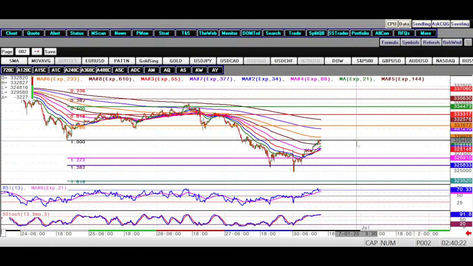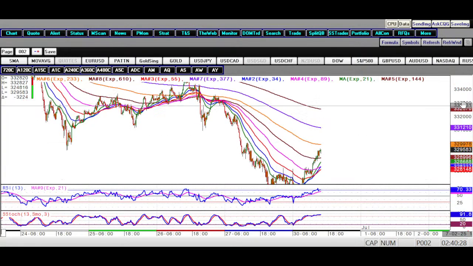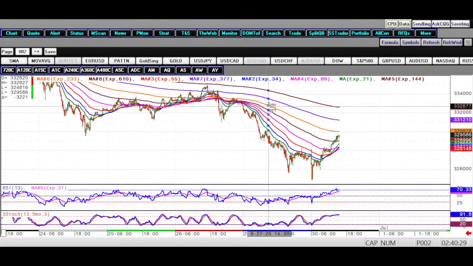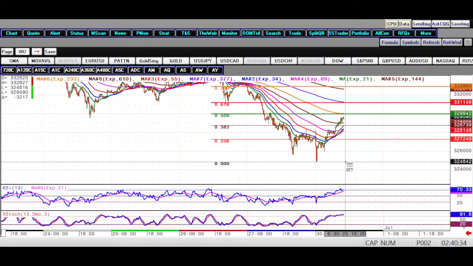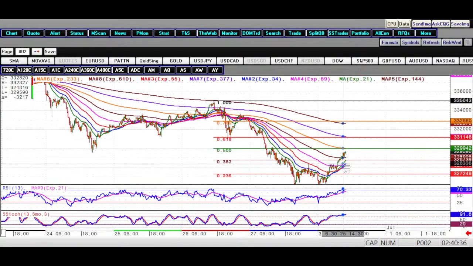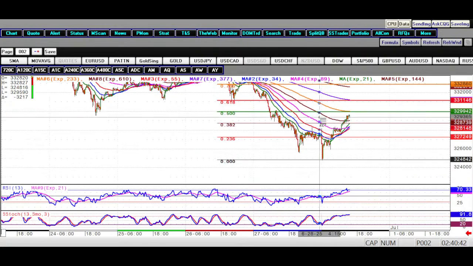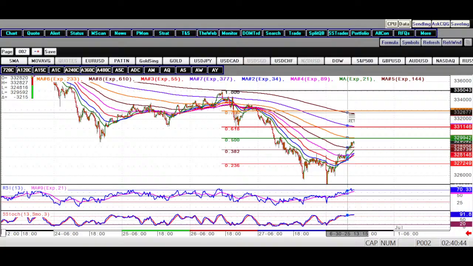So now we are going to see a retracement from here to here, which means the price should not go above 3328 if we are expecting a retracement.